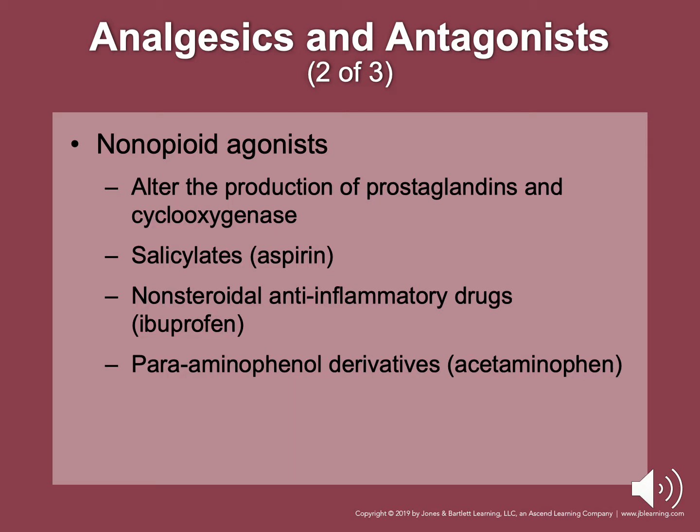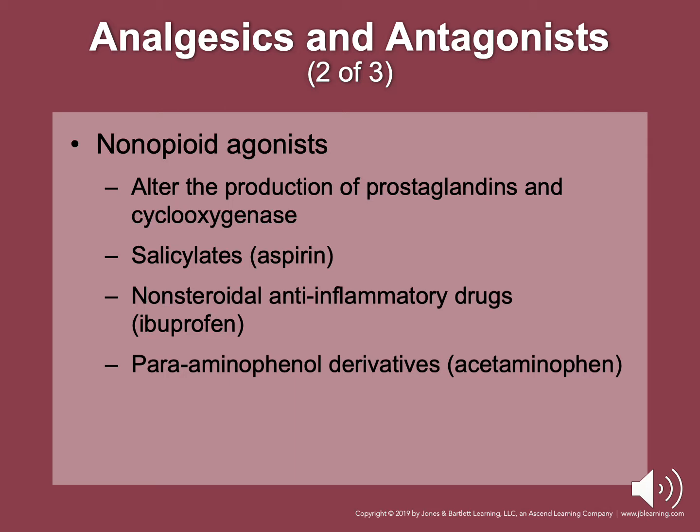They inhibit the COX enzyme. And then you have your para-aminophenol derivatives, such as acetaminophen, your Tylenol. Opioid antagonists reverse the effects of opioid drugs, such as Narcan.